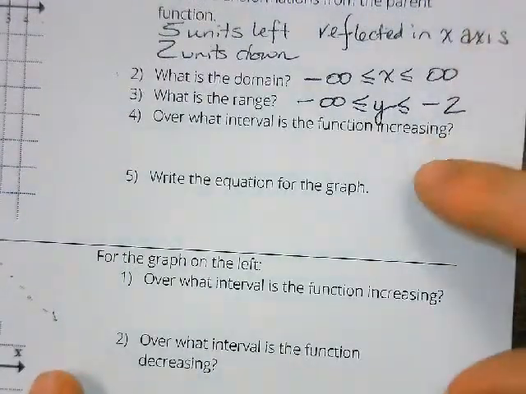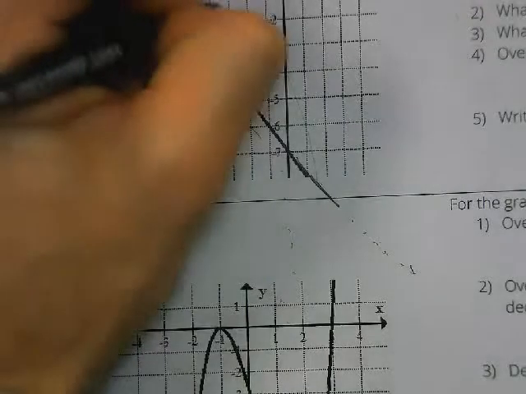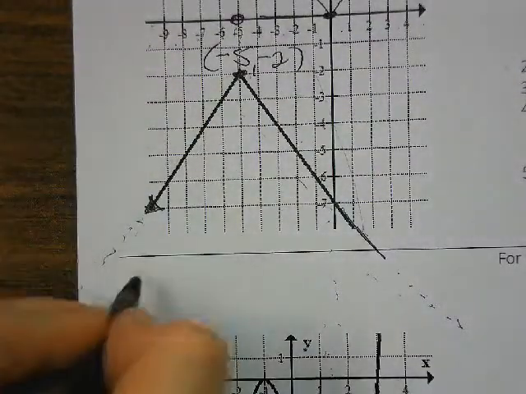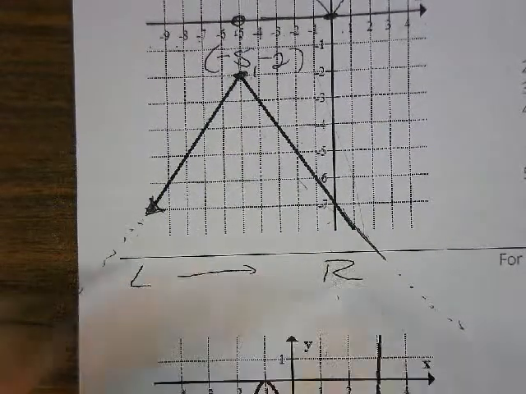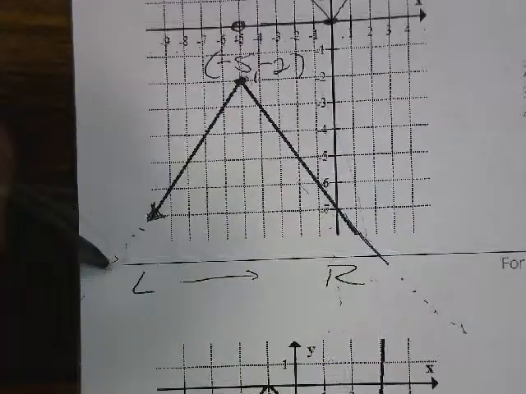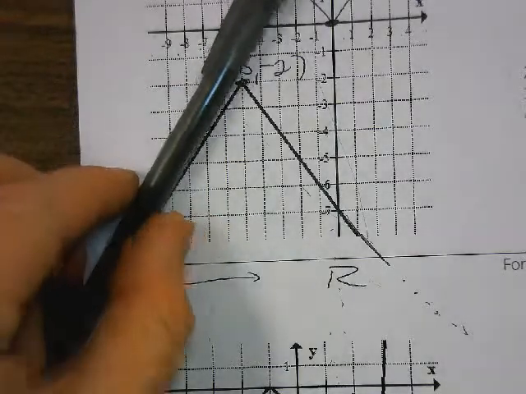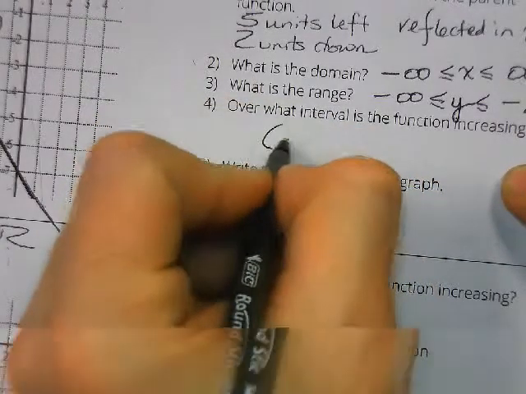Where is the function increasing? So my function is increasing. If I'm reading from left to right, I'm increasing here. In other words, I have a positive slope all the way to -5. So my positive slope happens from -infinity to -5.